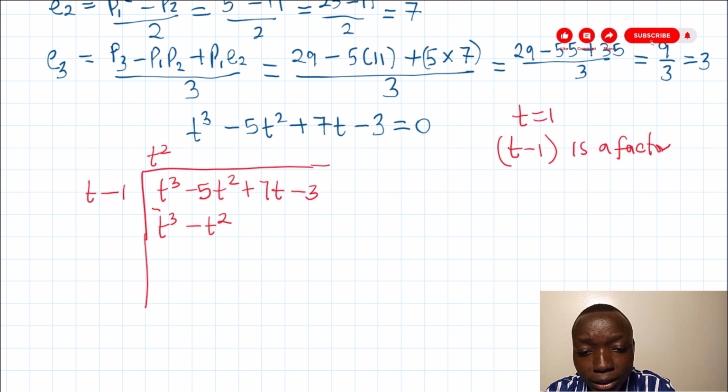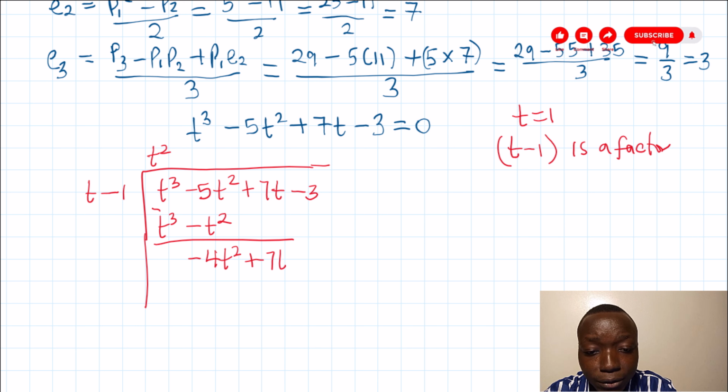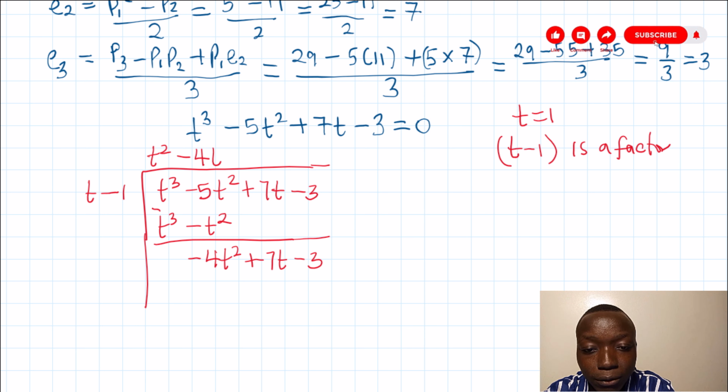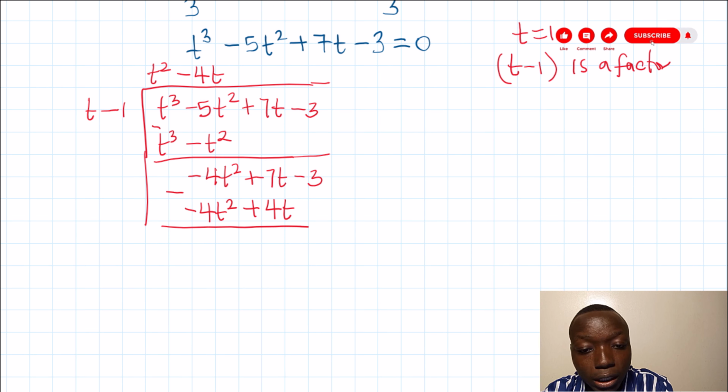When you subtract this, you get minus 4t squared plus 7t minus 3. What's the next thing you multiply with t to get minus 4t squared? That's minus 4t. So you have minus 4t squared plus 4t, and you subtract.